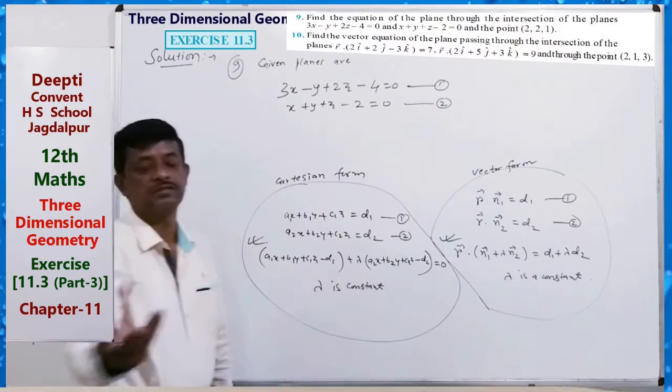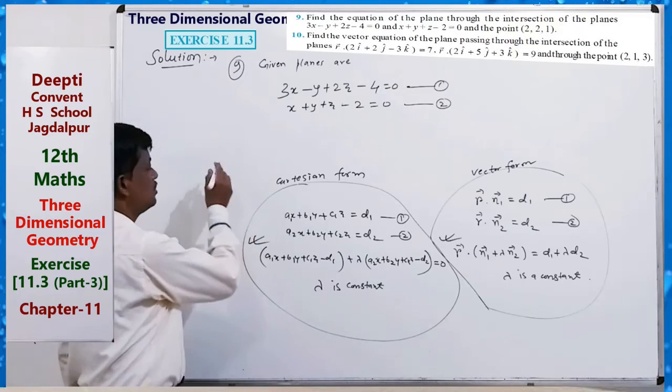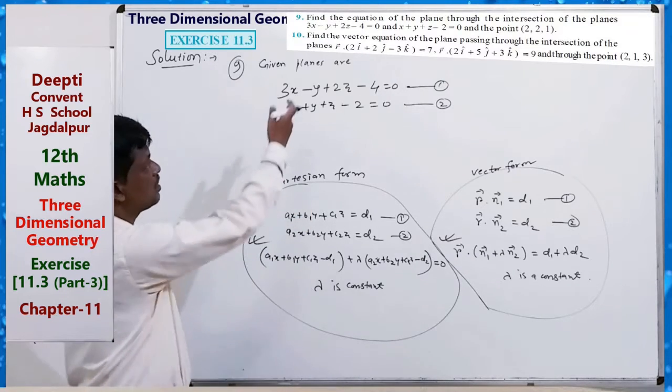These are the given planes. We have to find the plane passing through their intersection. This formula will be used because this is the Cartesian form.